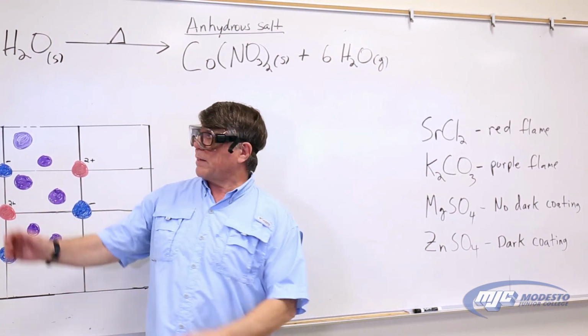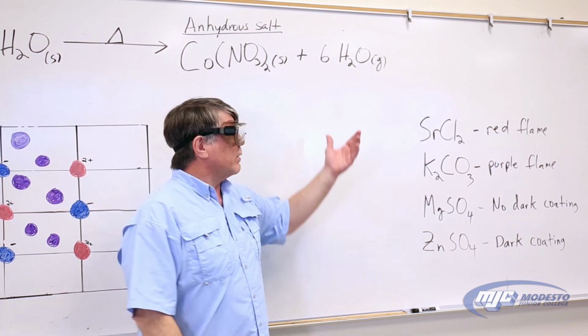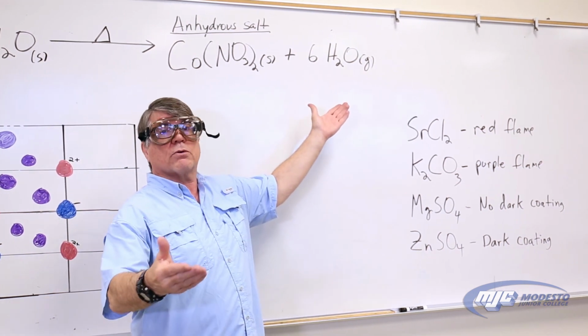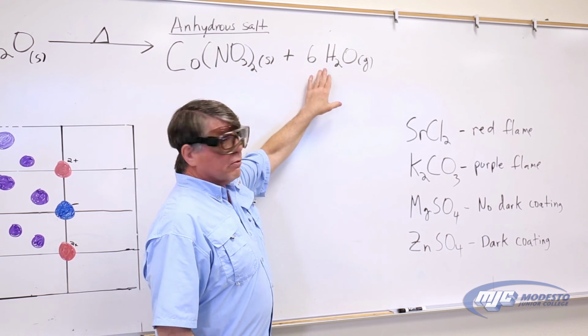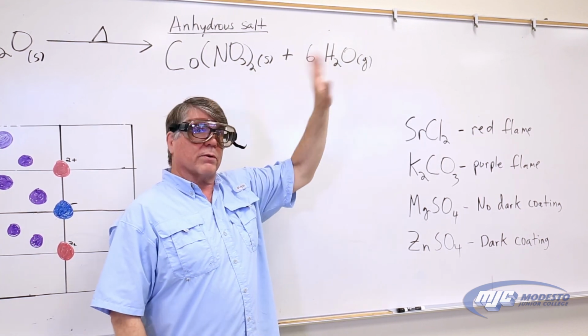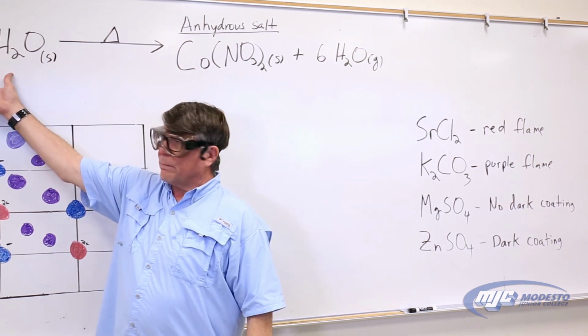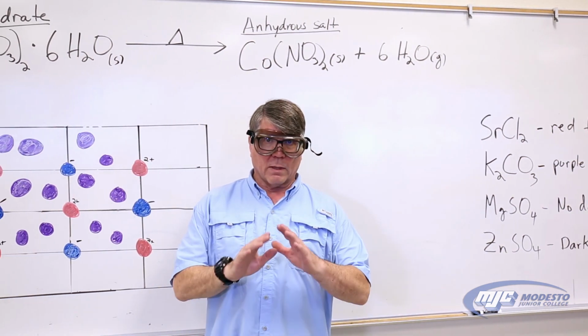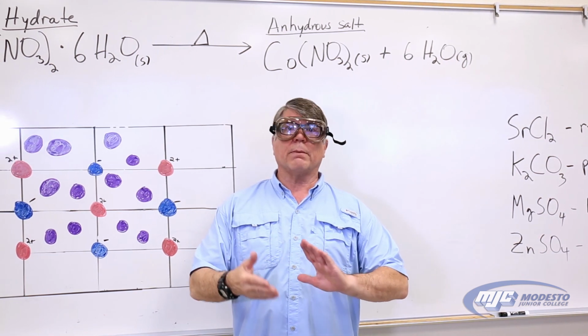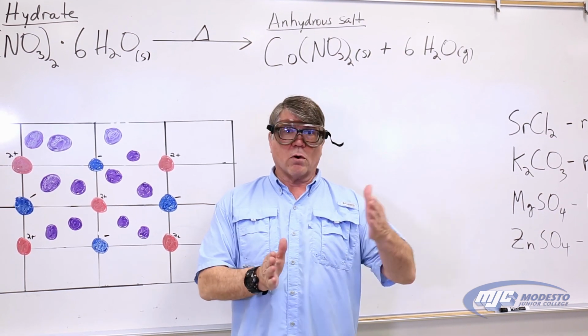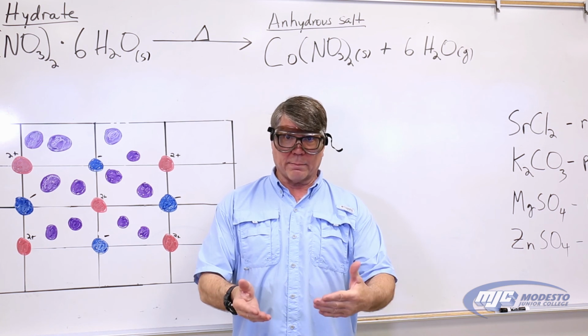And because we had 6 water molecules here, we have 6 here, but different numbers for different compounds. And they're separate, and they actually go off up into the atmosphere and they're gone. So what we're going to do is we're going to weigh our hydrate, know how much it weighs, then we're going to heat it up a couple times, drive off all of the water, and then weigh it again.